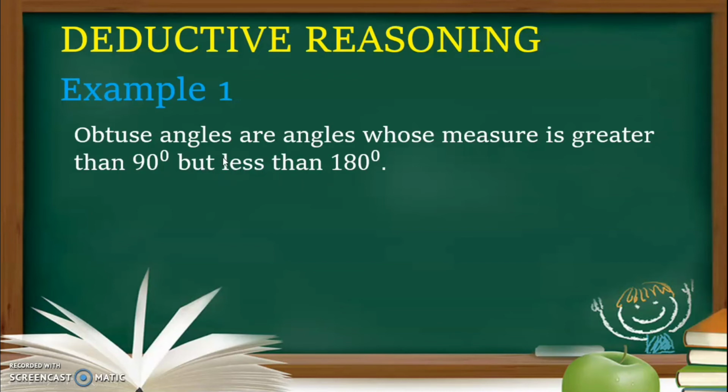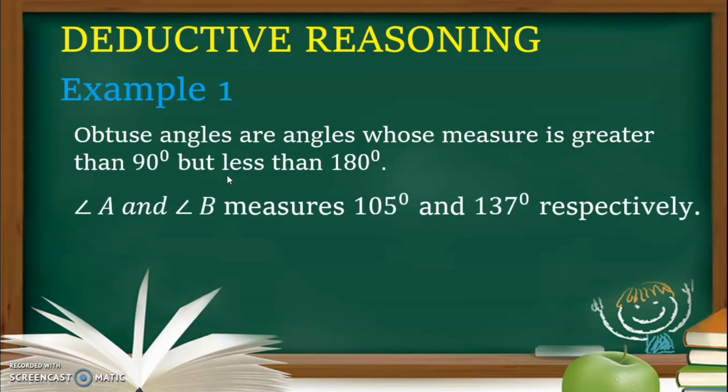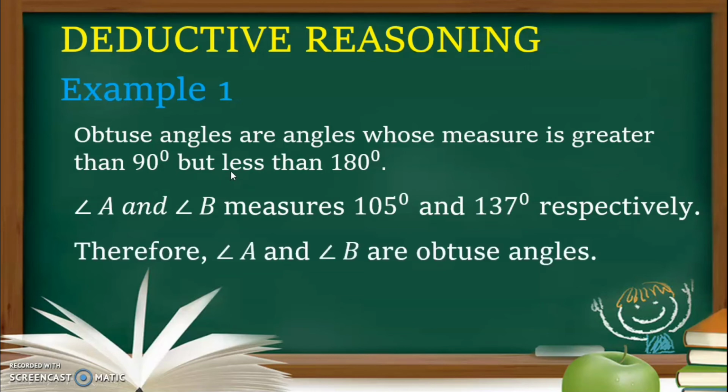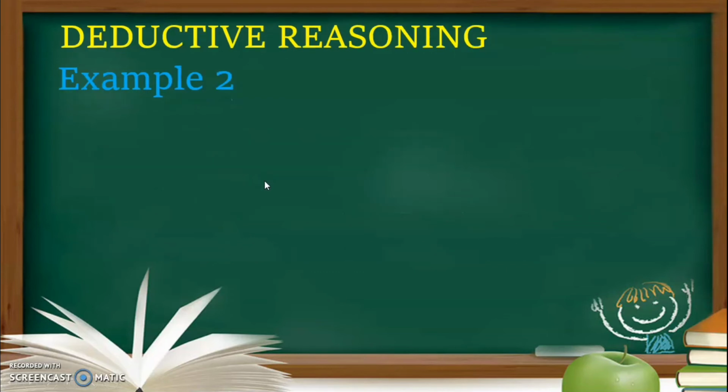Ang angles na measure greater than 90 but less than 180. So, makakagawa tayo ng example. Angle A and angle B measures 105 and 137 respectively. Therefore, angle A and angle B are obtuse angles. Base doon sa definition.